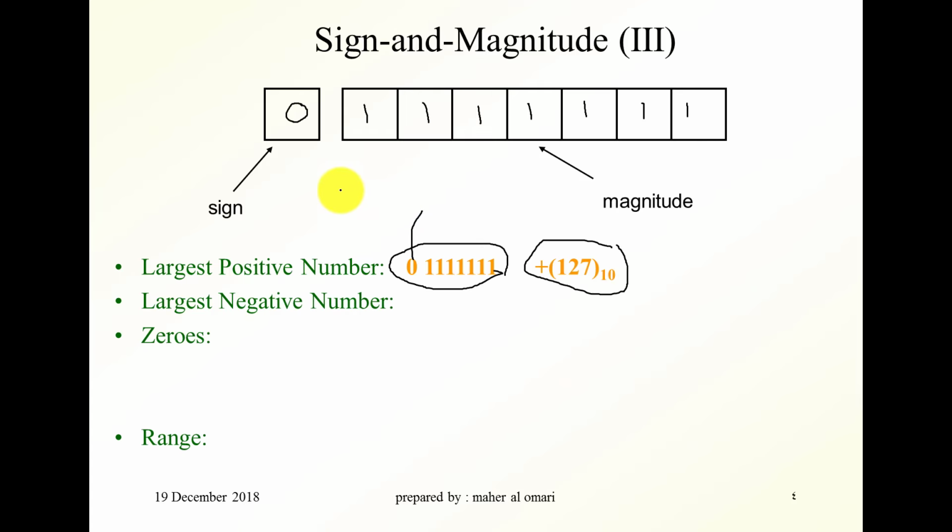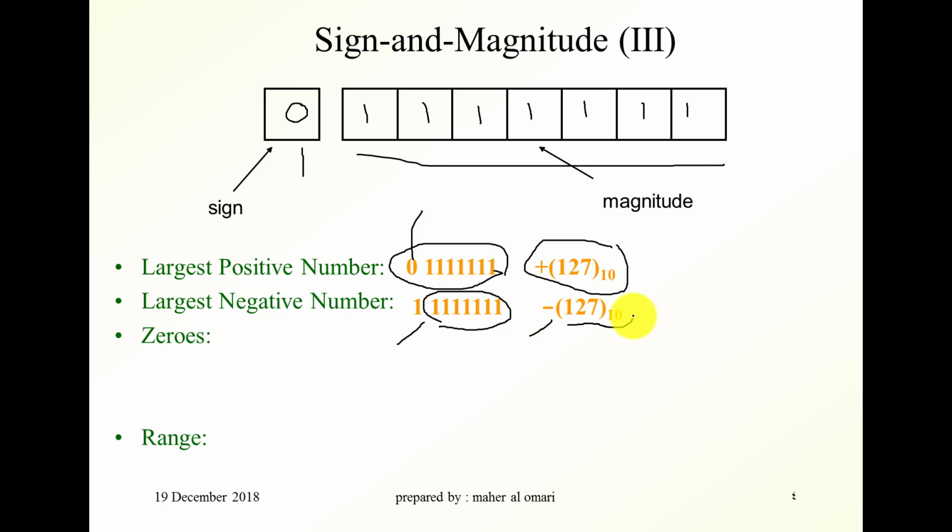The largest negative number has this bit as 1, while the magnitude bits are ones. So this is a negative 127 in base 10. The 0 has two representations in this notation.